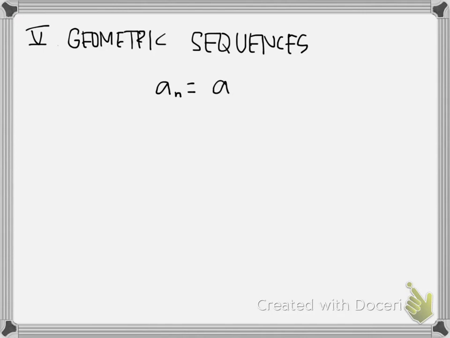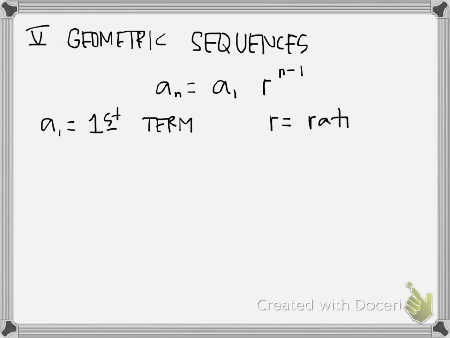So it's going to say A1 times your R, and your R, remember, is your ratio, and you're going to raise that to the n minus 1. Your A1 is your first term. So just like the growth rate, and your R is your ratio here.